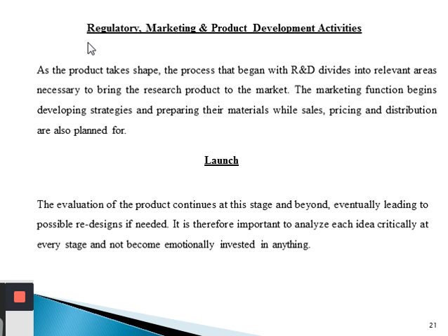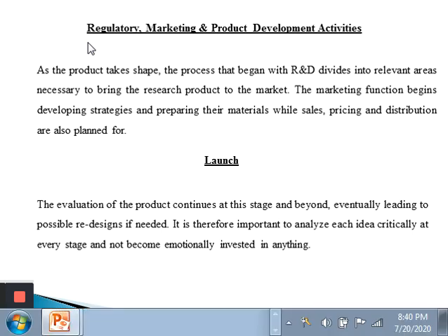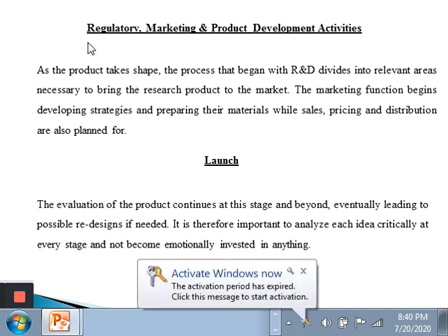Then this area is necessary to bring the research product to the market. This product, what they have synthesized, this R&D department or clinical trial, then they have to take this product to the market. The marketing function begins developing strategies and preparing their materials, while sales, pricing and distribution are also planned for. Means they have to plan for this distribution.